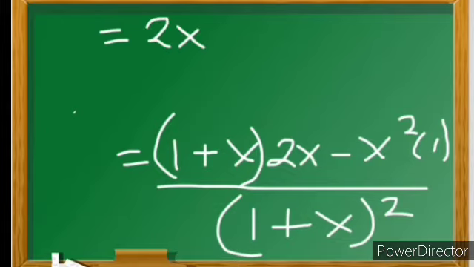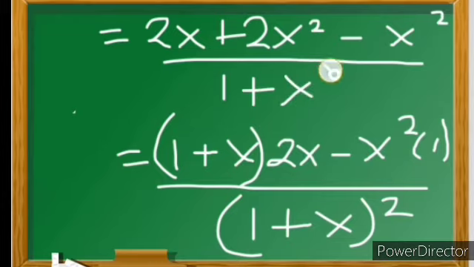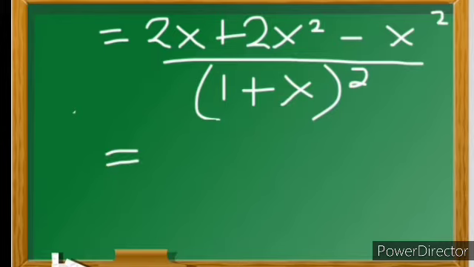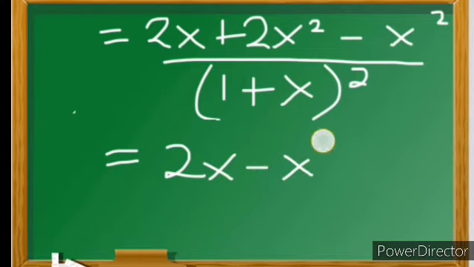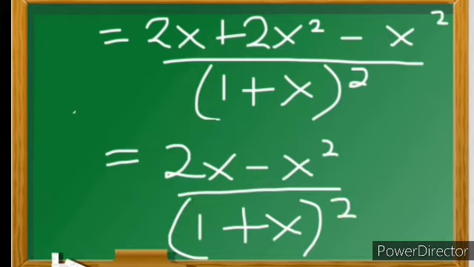So if we simplify this, 2x times 1 gives us 2x, plus 2x times x gives us 2x squared, minus x squared, all over 1 plus x in bracket squared. Now if we simplify this further, it's supposed to be actually 2x plus x squared all over 1 plus x bracket squared.